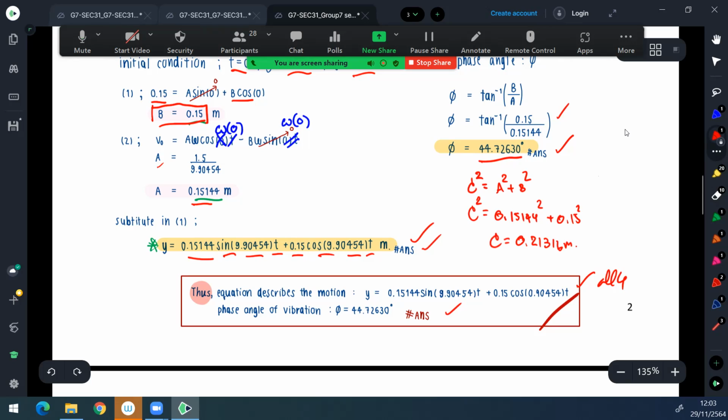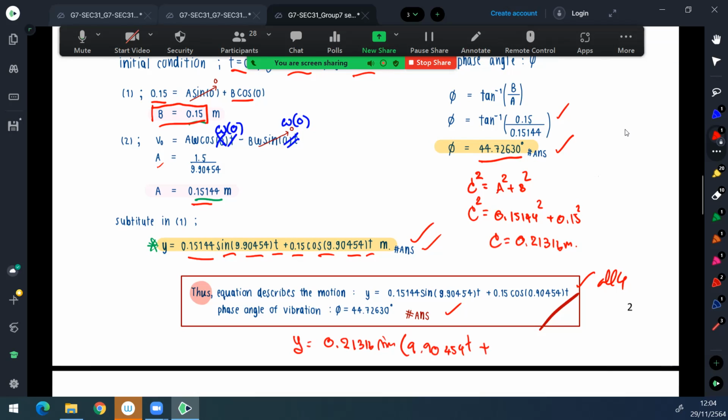So then the alternative solution is maybe like this: y is the amplitude, 0.21316, sine omega, that is 9.90454 t, omega t, plus phi.